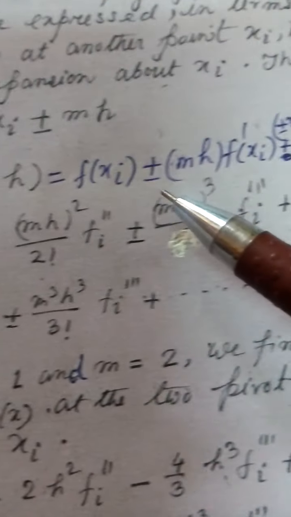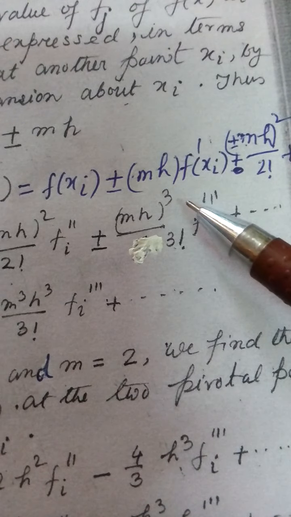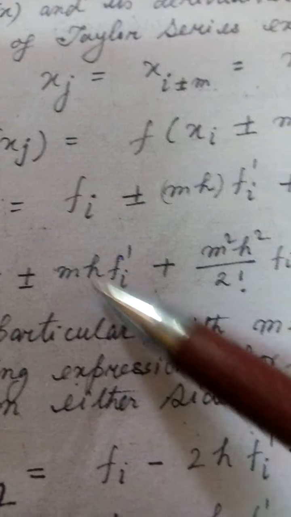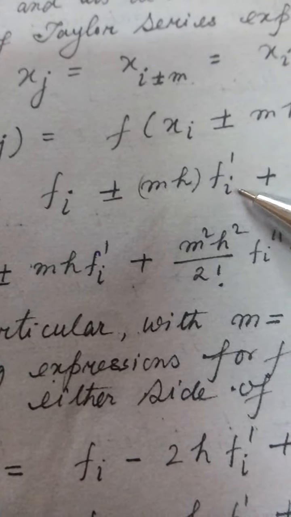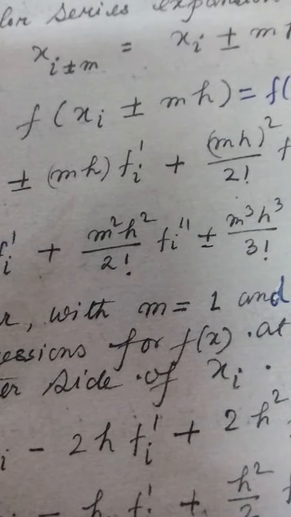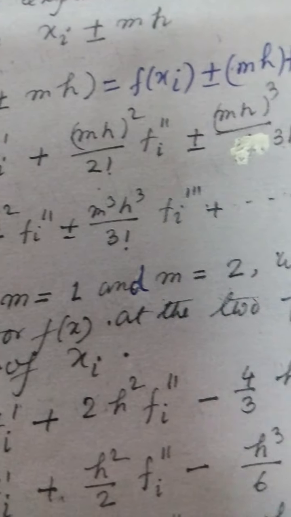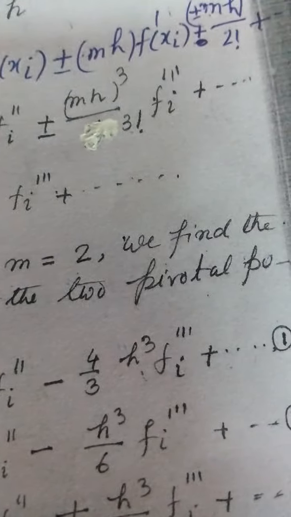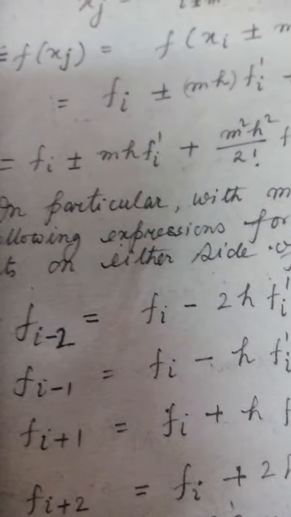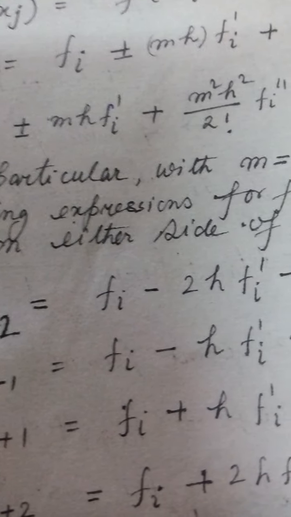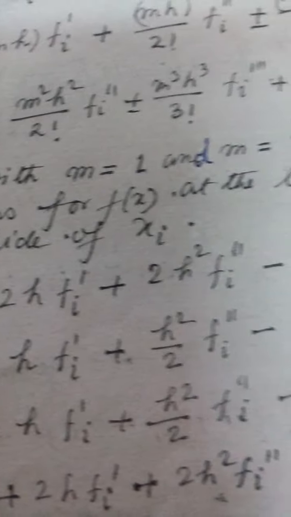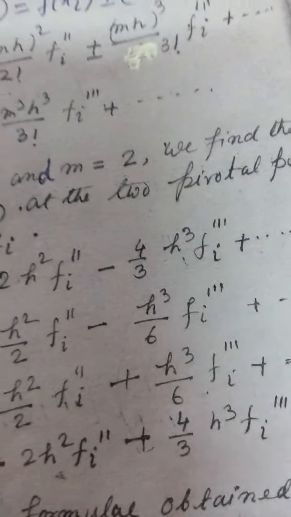So this is the formula we are getting. I will not explain it, this is very easy. This is the Taylor series expansion. Okay. So the rest of this is algebraic solution, and nothing else is there, only algebraic solution.